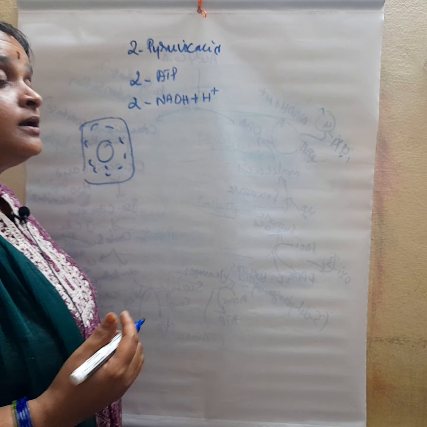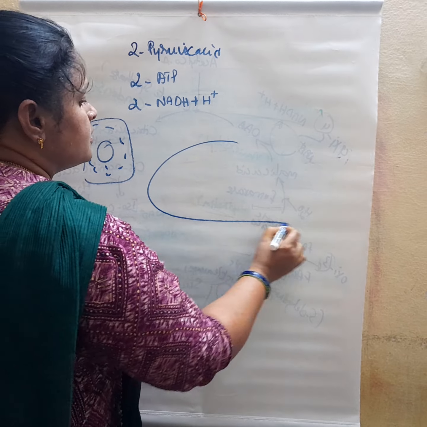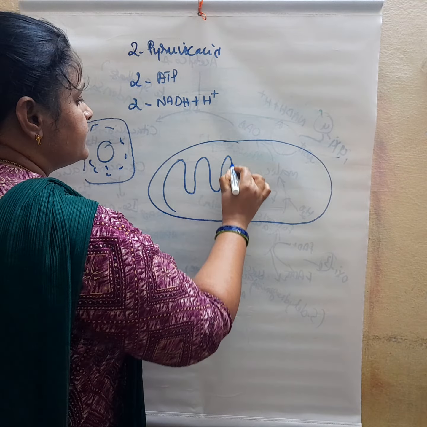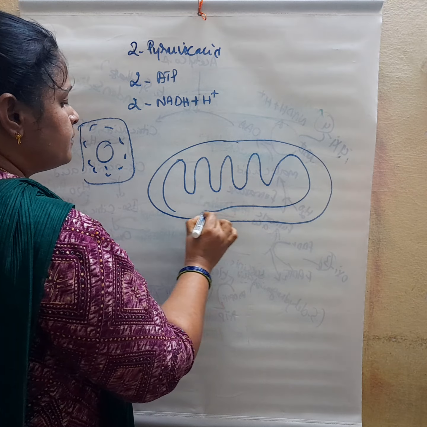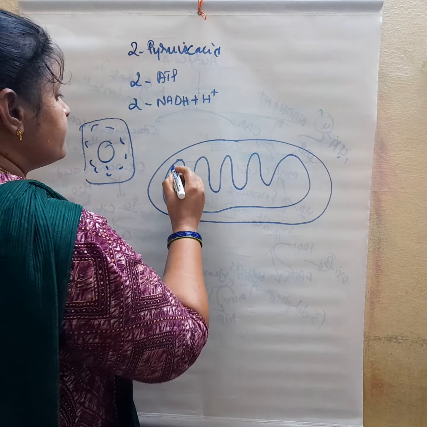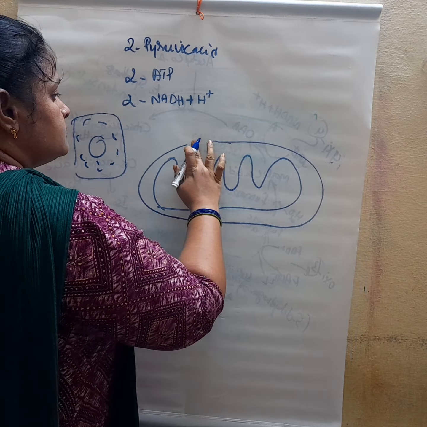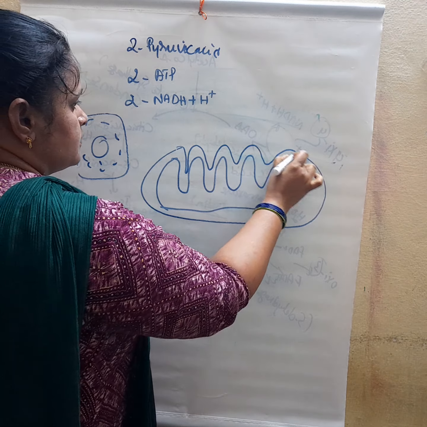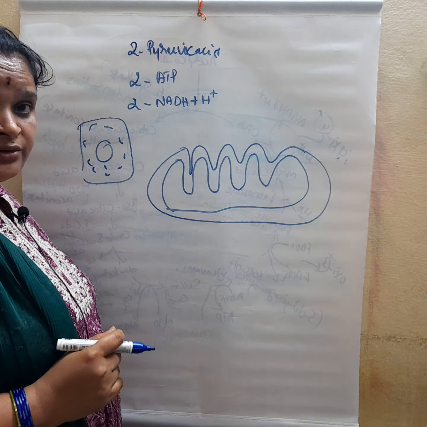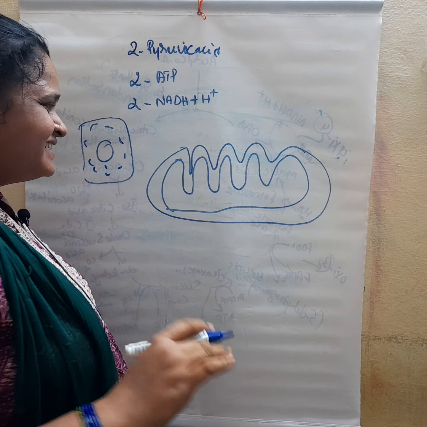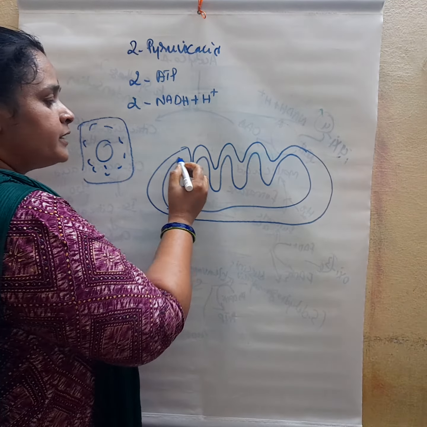That is nothing but the mitochondria. The mitochondria is a double membrane bound organelle. This is the structure of mitochondria, which is a rod shaped structure, and it is a 2 membrane bound organelle.